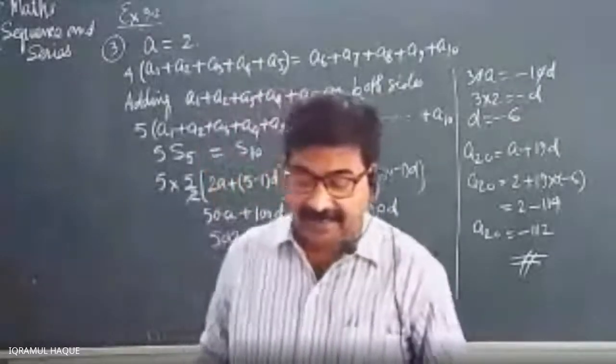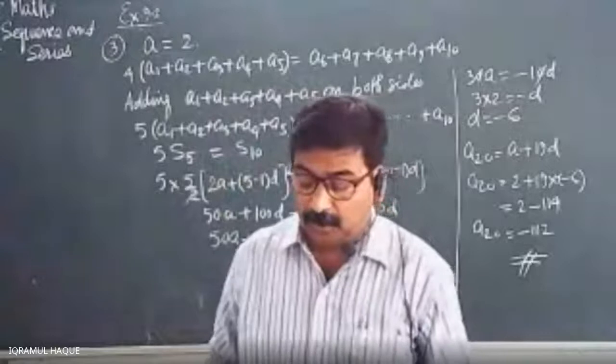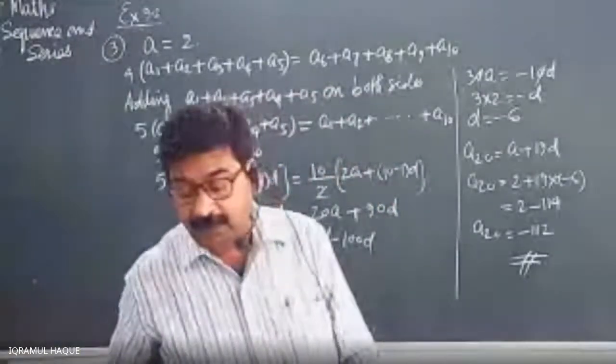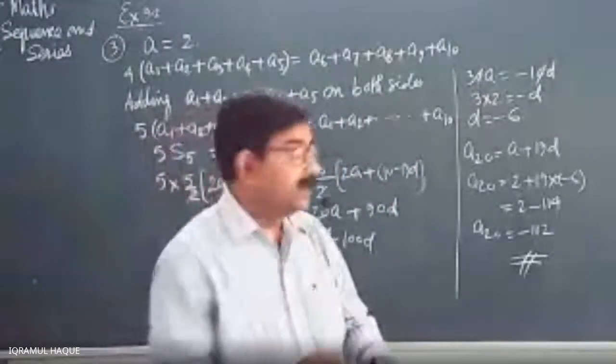Given that in an AP, the Pth term is 1 upon Q and the Qth term is 1 upon P, then prove that the sum of the first PQ terms is that much.